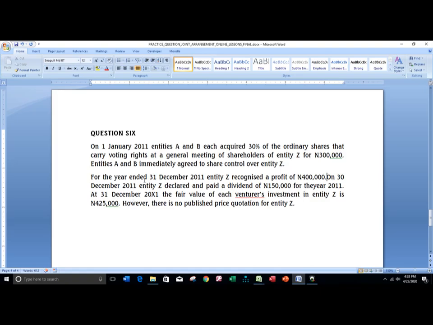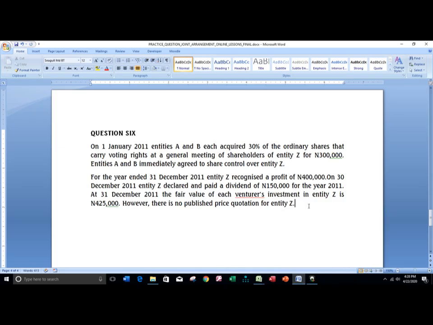On 30th December 2011, entity Z declared and paid a dividend of 50,000 for the year 2011. At 31 December 2011, the fair value of each venturer's investment in entity Z is 425. However, there is no published price quotation for entity Z.